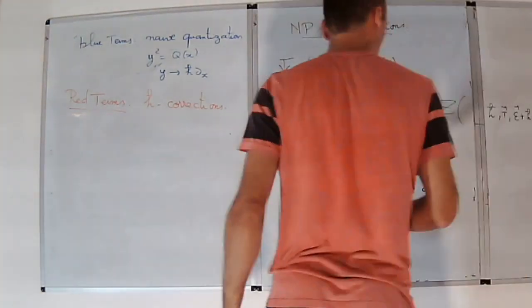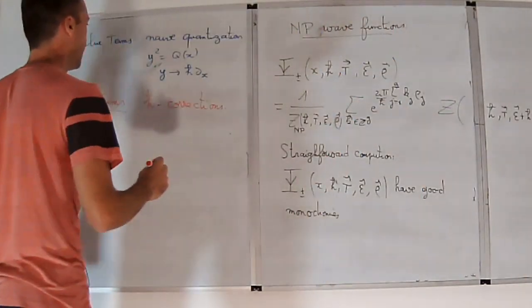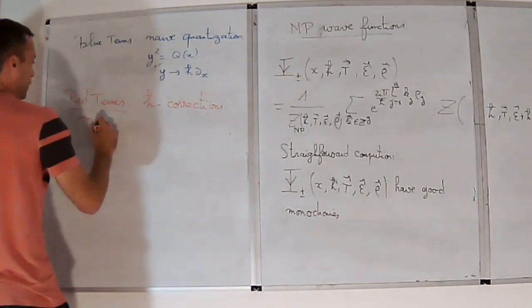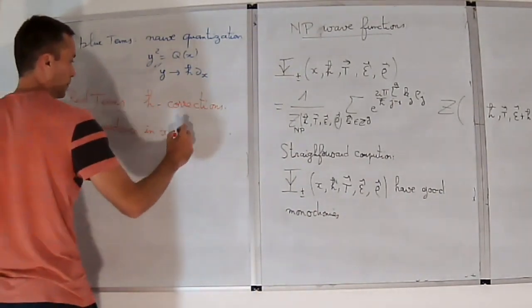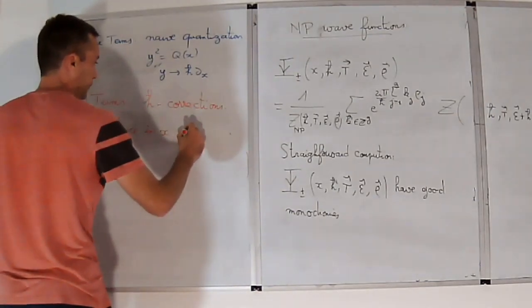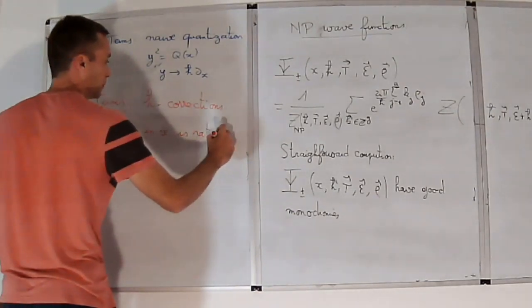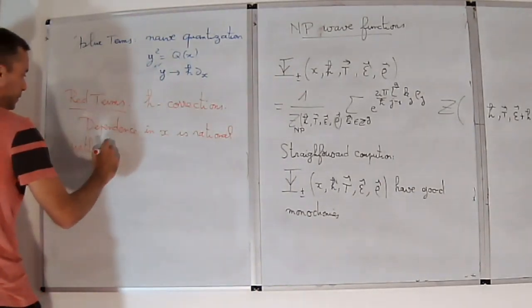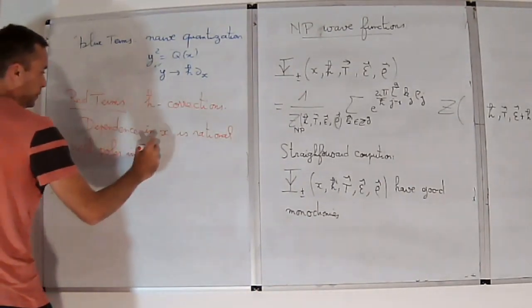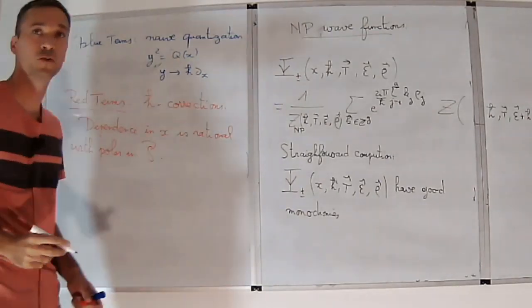But the good point is that the dependence in x is rational with poles in the initial poles here.